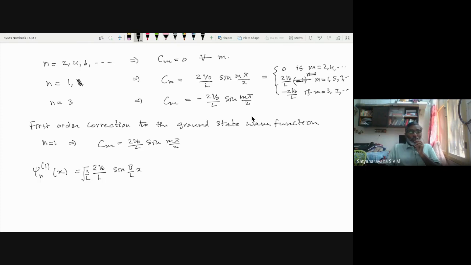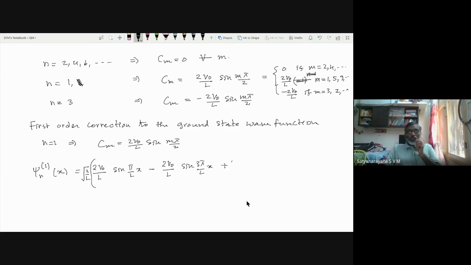M is equal to 3, so root 2 by L I will write as common, minus 2v naught by L into sine 3 pi by L into x, and 5 pi. Okay, 5 pi is again plus 1.